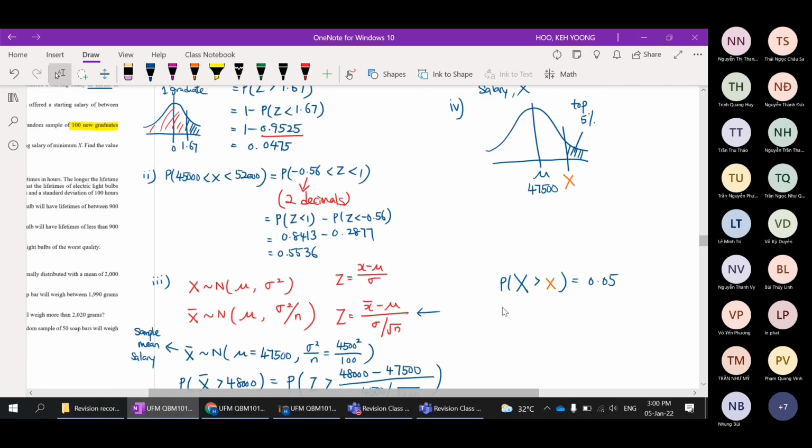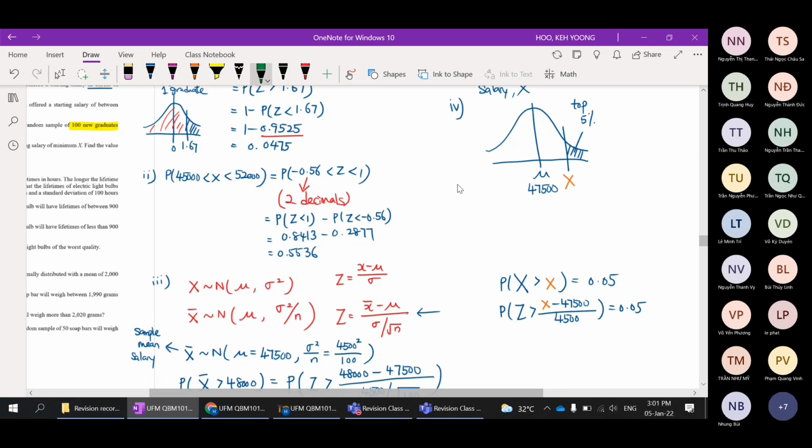Then we convert to Z. You have Z more than: we take this X value, minus the mean 47,500, divided by the standard deviation 4,500, equals 0.05.